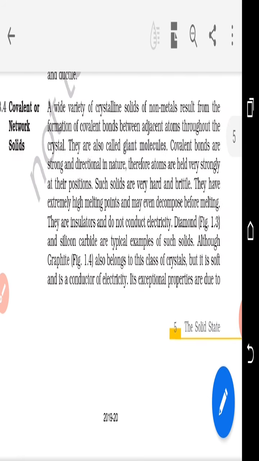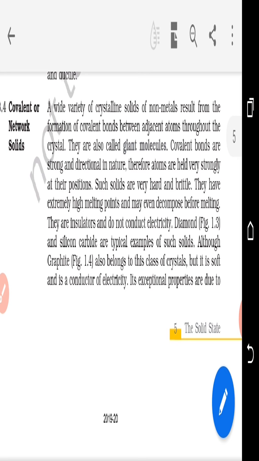The last type of solids are covalent or network solids. They are also called giant molecules. These types of crystalline solids are formed by the formation of covalent bonds between the adjacent atoms of the non-metals.